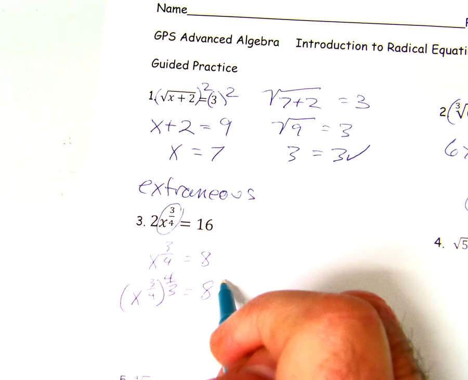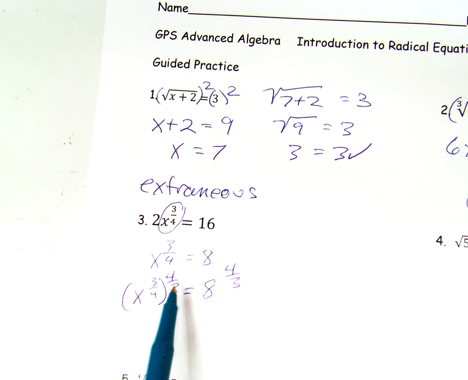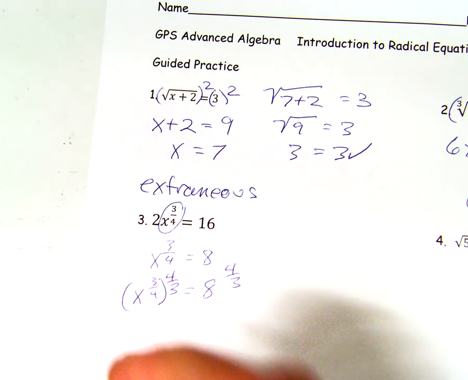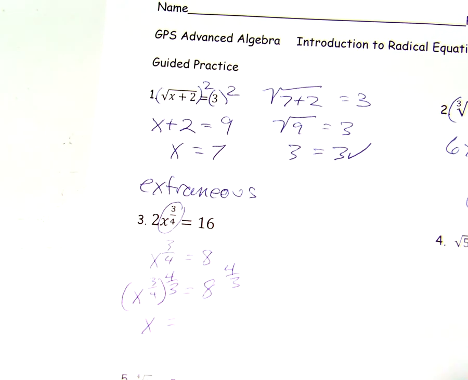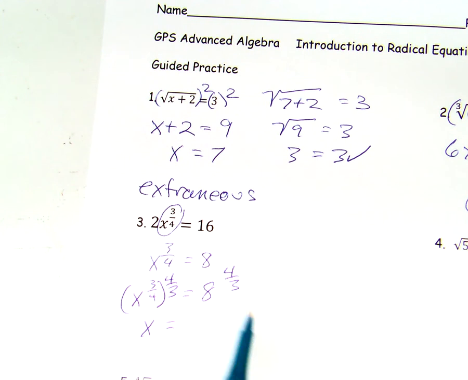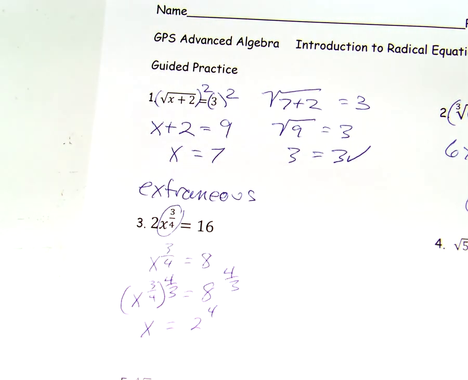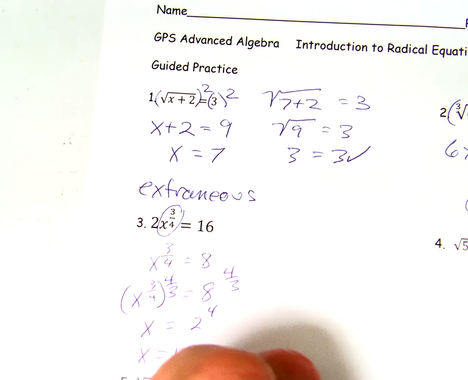And we have to do it, of course, to both sides. So when you multiply 3/4 times 4/3, you get 12 over 12, or 1, and that's good because that's what we want, to find out what x equals. Now remember, it's always easier to take the root first. So we're going to take the third root of 8, which is 2, and then we'll take 2 to the 4th power, and x equals 16.